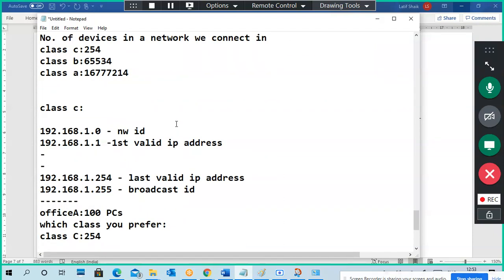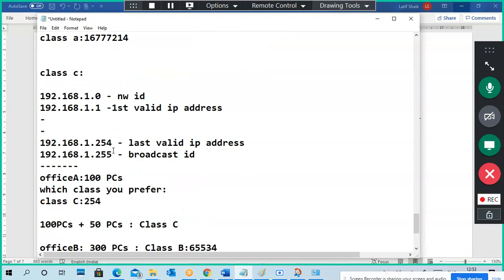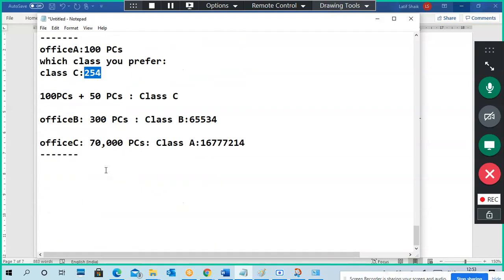If you have 200 PCs, you can go for class C, no problem. Because 254 is the number of hosts, 200 is plus or minus, no problem. For example, you have exactly 250 PCs.